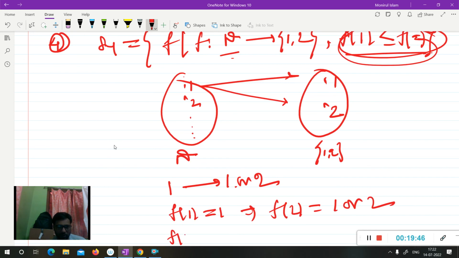But if f1 maps to 2, then f2 is 2 only, not 1.